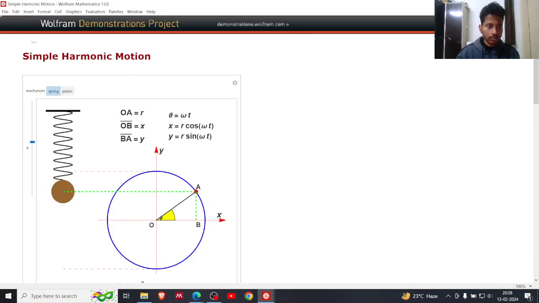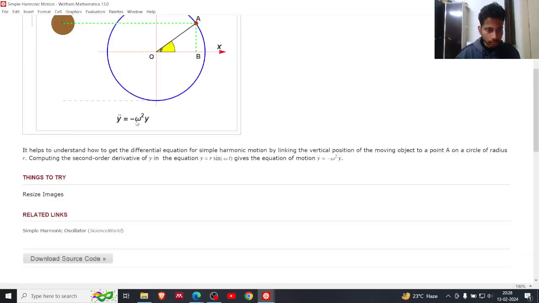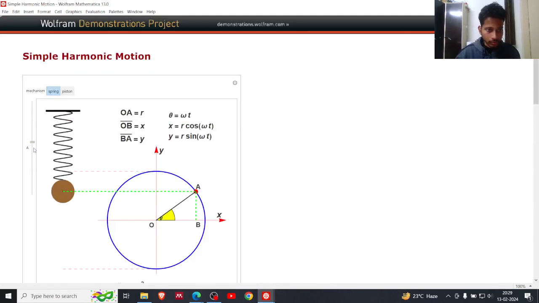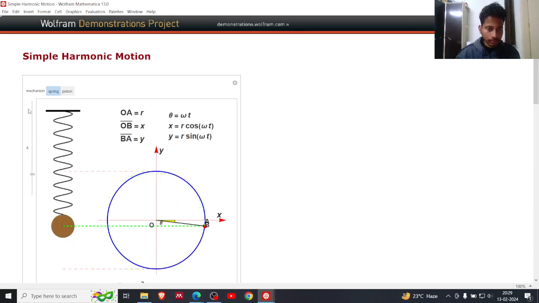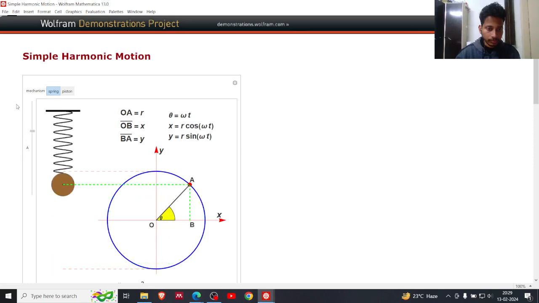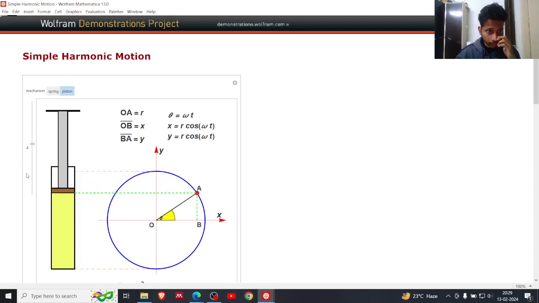So here this is a demonstration project. We have found the full form which I wanted to show. So here you see this, the spring system. The displacement of the spring is generating a simple harmonic motion, and if it is a piston it is also the same.